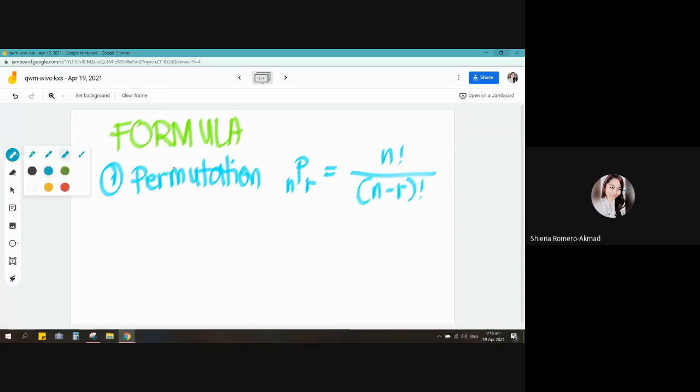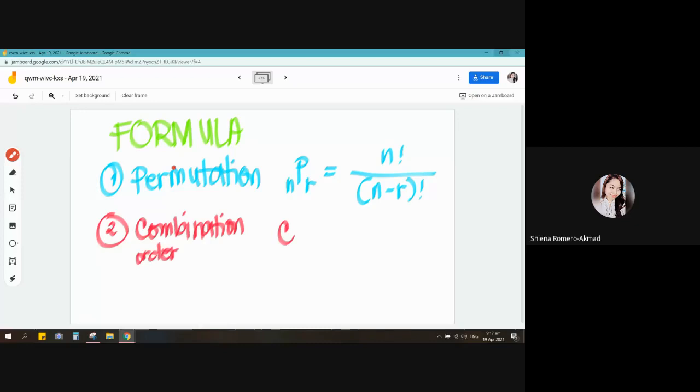But when it comes to combination, inaalis natin yung mga sobrang arrangement. Because when it comes to combination, order, or kaya naman arrangement, doesn't matter. Kaya tinatanggal natin yung mga excess arrangements.